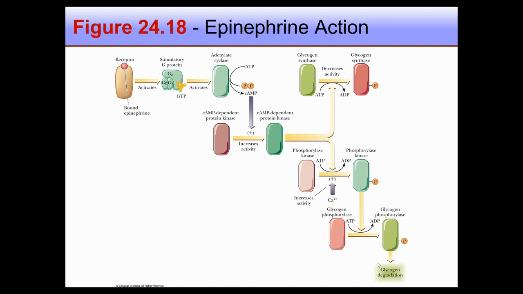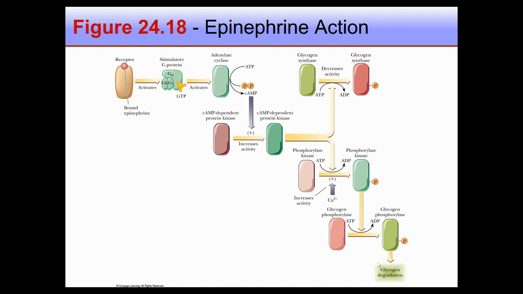It's the idea that epinephrine will bind to a receptor. It stimulates the G protein, which activates adenylate cyclase to convert ATP to cyclic AMP, and that increases the activity of protein kinase. And then protein kinase does two things.